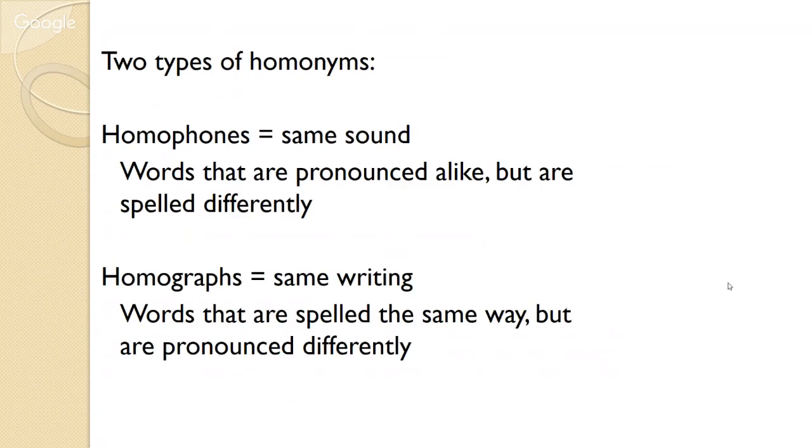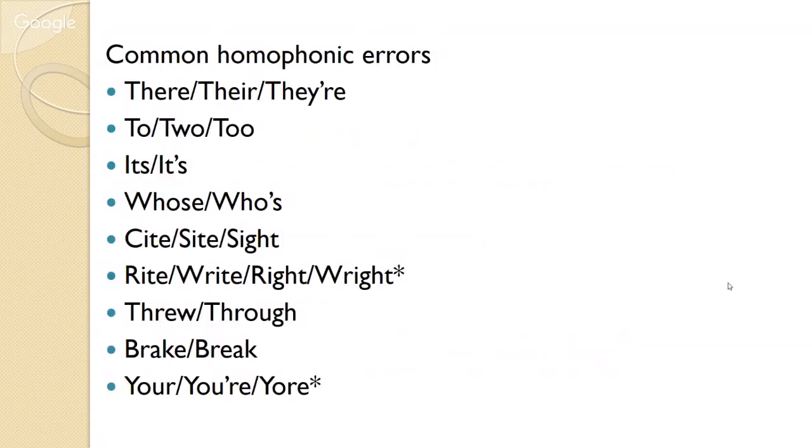By far, the most frequent homonymic errors are those which are based on sound. So here's a list of probably the most common homophonic errors, or at least the most common ones that I've seen. Their, to, its, whose, and so on. And of course, people know the difference between these.